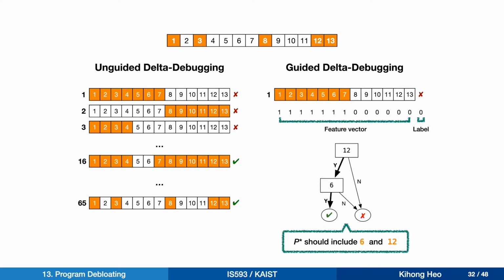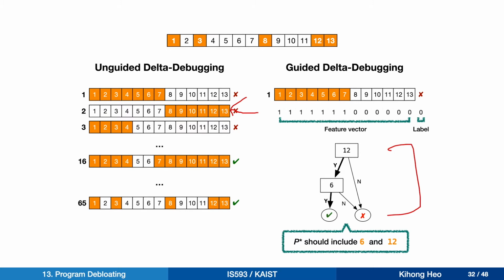Then with this data, the new system can learn a decision tree. So from now on, the search is guided by this decision tree. So according to the original delta debugging process, what is the immediate next candidate? The immediate next candidate is this one, right?